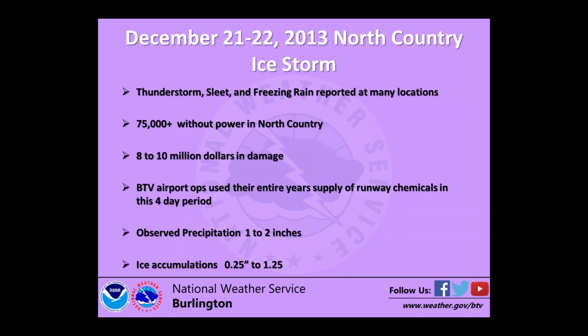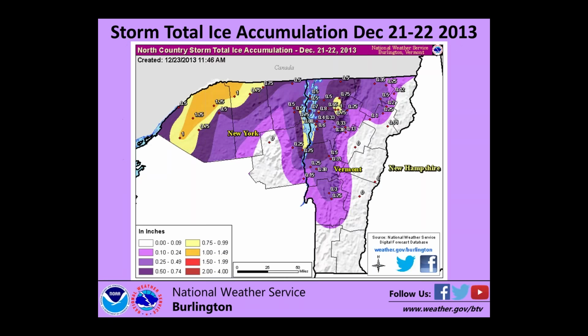The airport here in Burlington actually used their entire year's supply of runway chemicals just during a 4-day period for this storm. The observed precipitation was 1 to 2 inches, and the ice accumulations were anywhere from a quarter of an inch to 1 1/4 inch.